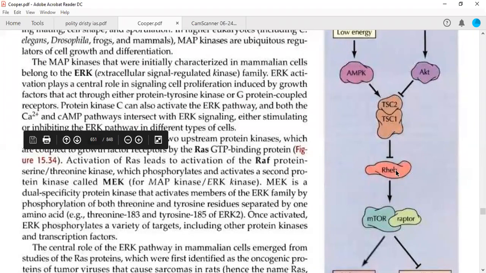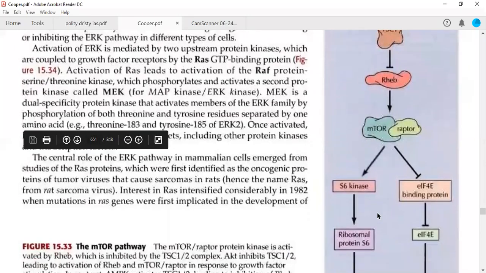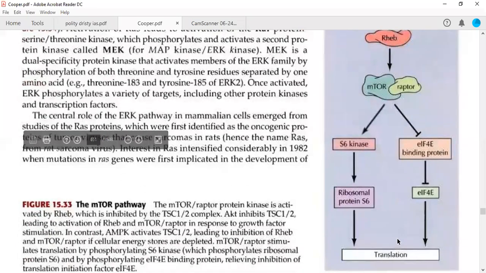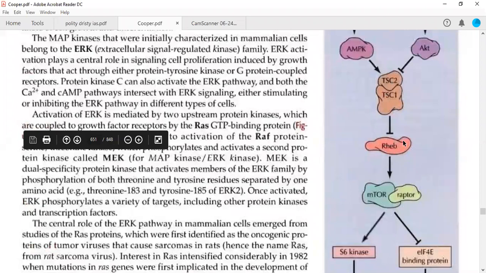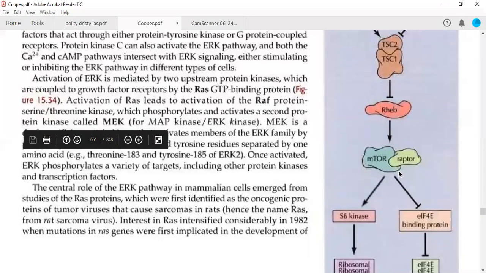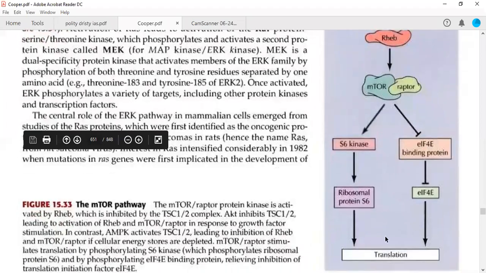It will help this RAB to either activate or inactivate. When it is bound with GTP, it will be activated and this signaling will happen so that protein synthesis can happen, translation will happen. And if it stimulates GTP hydrolysis, so that the bound GTP is hydrolyzed, GTP will be converted into GDP and the RAB will be inactivated so that protein synthesis or translation will not be happening in the cell. Right?